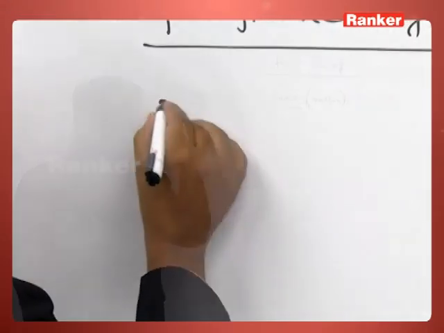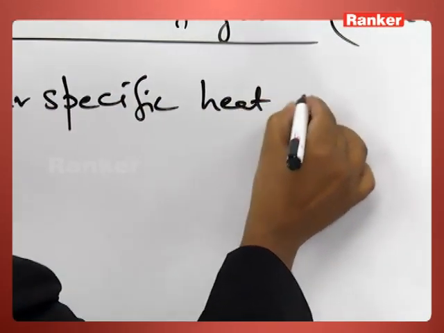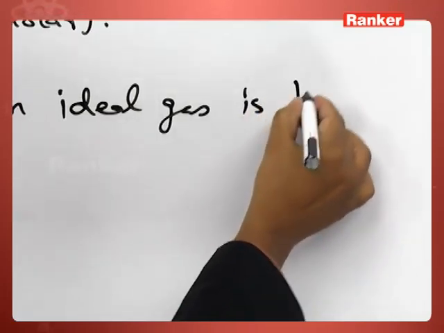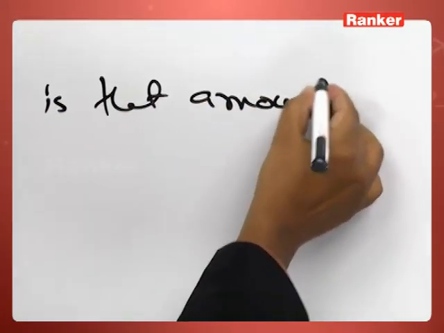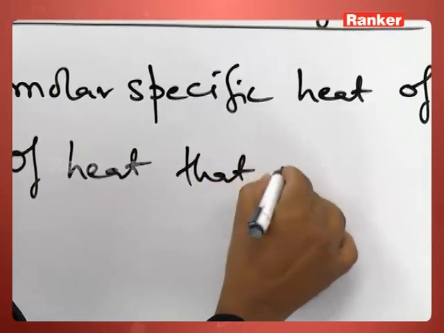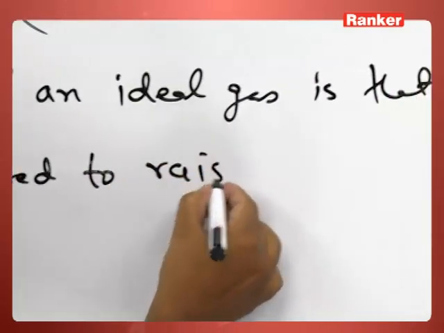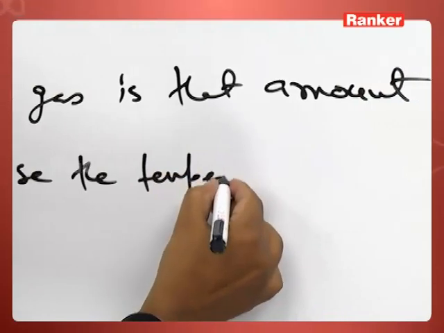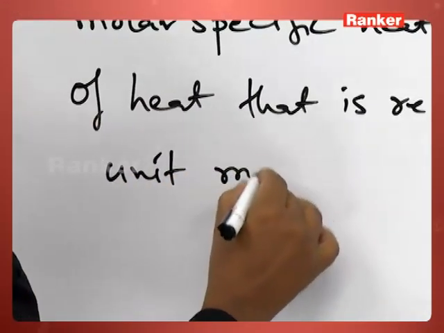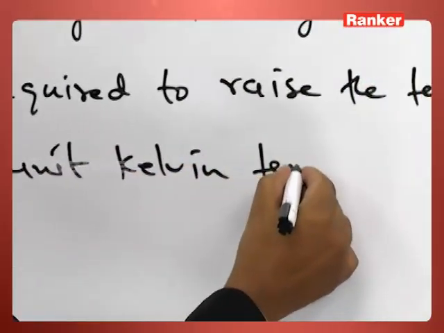Molar specific heat of an ideal gas is that amount of heat that is required to raise the temperature of a unit mole by unit Kelvin temperature.